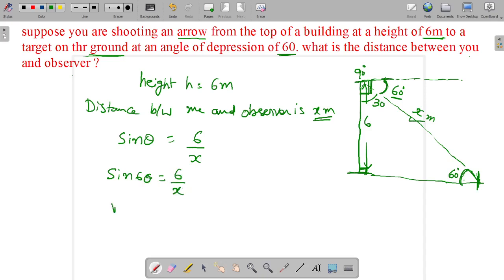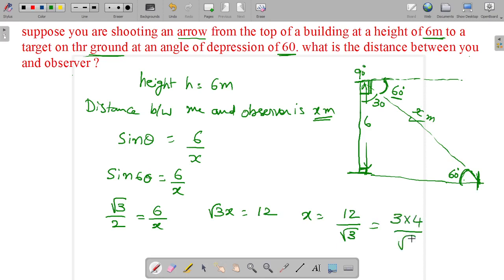Sin 60 value is root 3 by 2, equal to 6 by x. So root 3 x is equal to 12. x is equal to 12 by root 3. This is 3 into 4 by root 3, so 3 can be written as root 3 into root 3. Root 3 cancels.